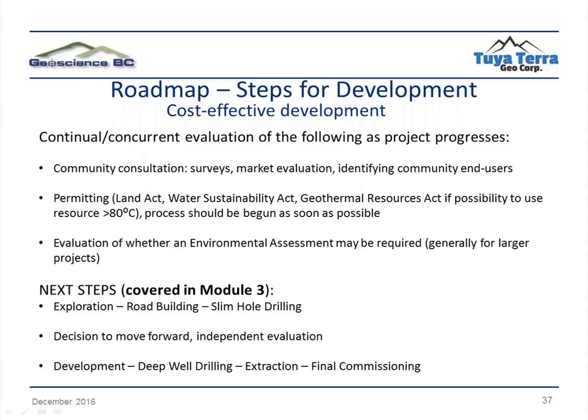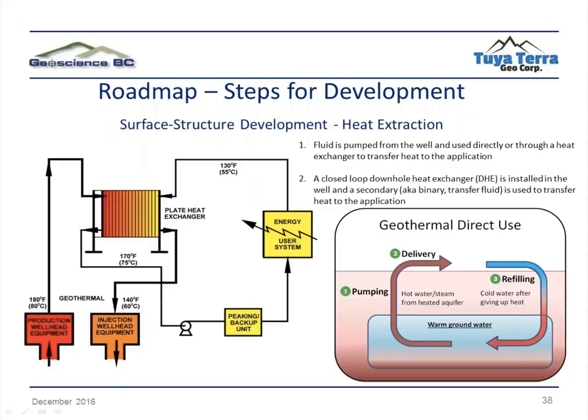We're not going to be going into too much detail here with these aspects because we have covered them in Module 3, but we will be talking a little bit about some of the components and equipment that is used in order to extract the heat from the wells, essentially.